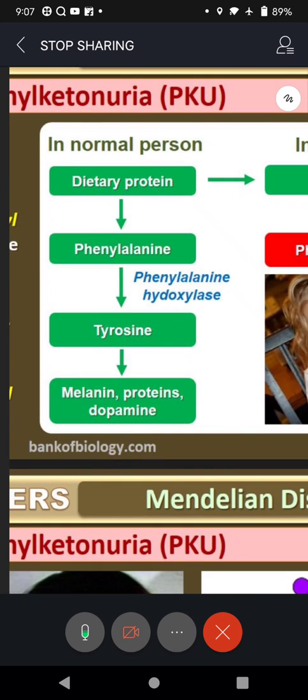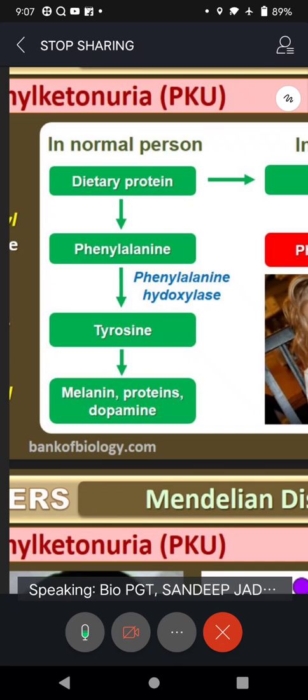So in a normal person, whenever we consume food, invariably we are taking proteins, isn't it? Whenever we are eating green peas, vegetables, fruits, and of course, whenever Vikas Yadav is eating chicken, a lot of protein is going there.